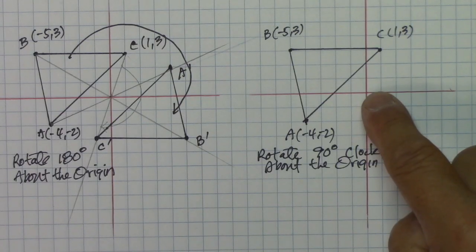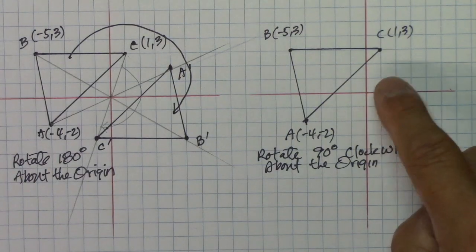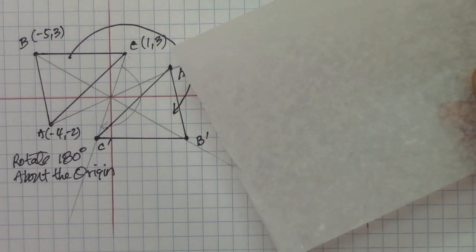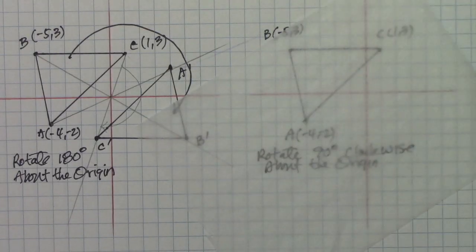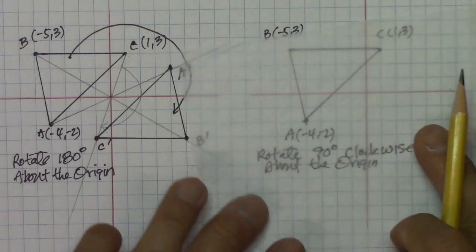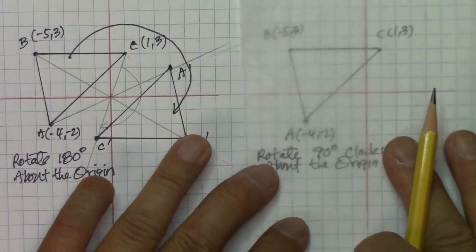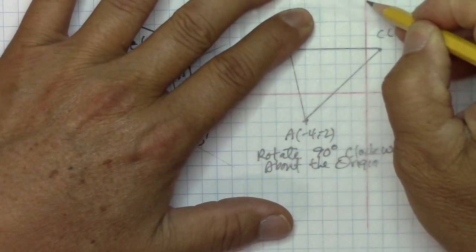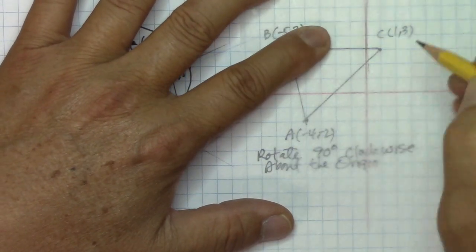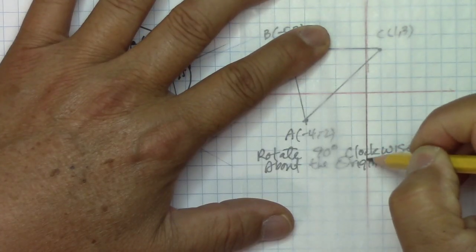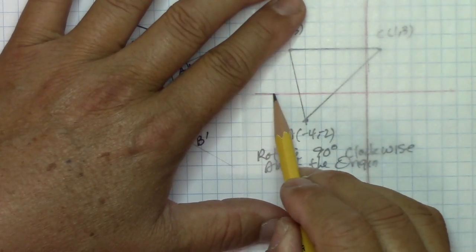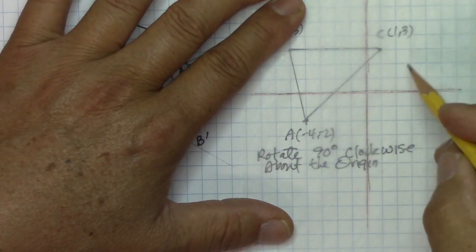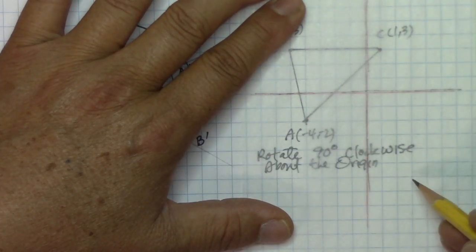Now, here's a faster and easier way to do this, by bringing back the patty paper. Because what we're going to do is use that paper to actually trace all the components of this graph, starting with the X and Y axes, because that's going to help me determine how many degrees to rotate.